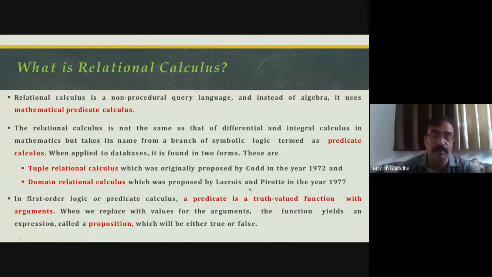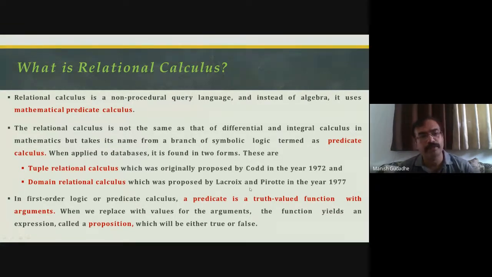Sorry, not relational algebra, the relational model. So the relational model was proposed by James Codd, and he only proposed tuple relational calculus. So among the relational calculus, tuple relational calculus is more popular, and then we have domain relational calculus as the other part. Both parts we are going to see.